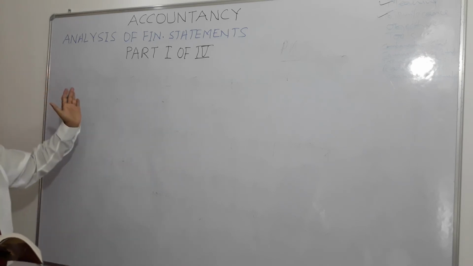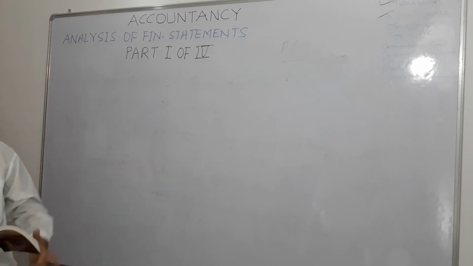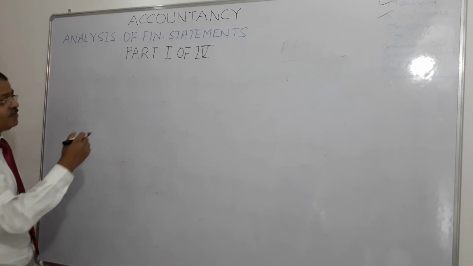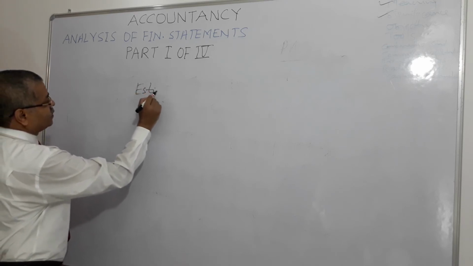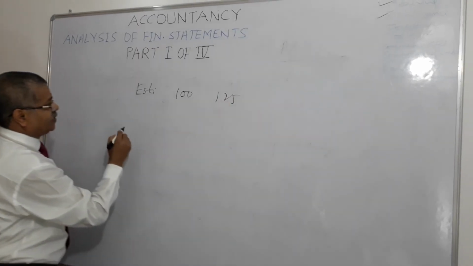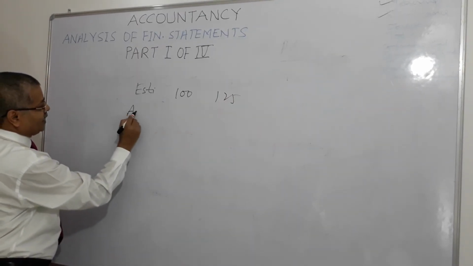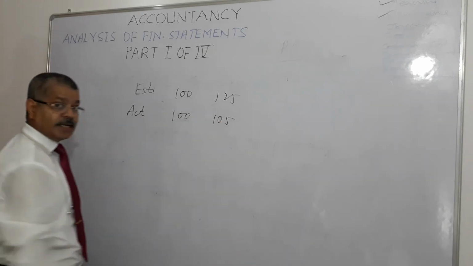When we analyze, we come to know the trends or deviations. What is deviation here? Suppose we estimated that sales will increase from 100 to 125, but in actual it increased from 100 to 105 only.